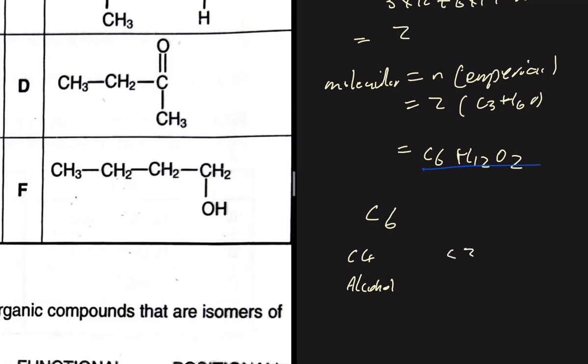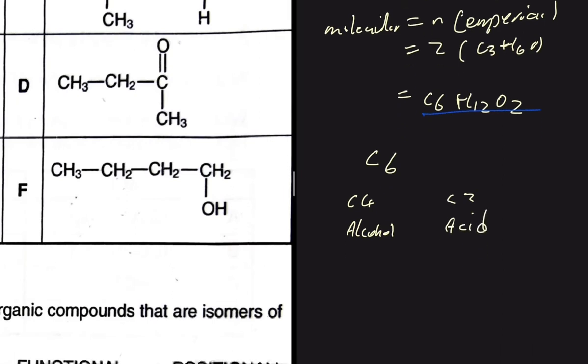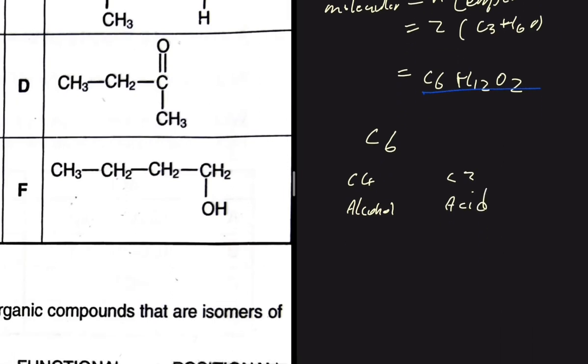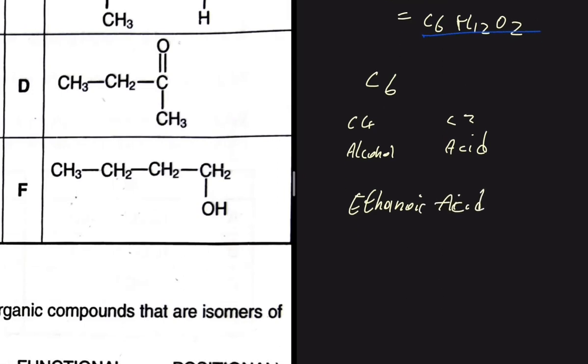They're coming from the carboxylic acid. So our carboxylic acid has 2 carbons, right? And we know exactly what that is going to be. It's going to be ethanoic acid, right? But then we need to write the molecular formula down. That will be C2H4O2.